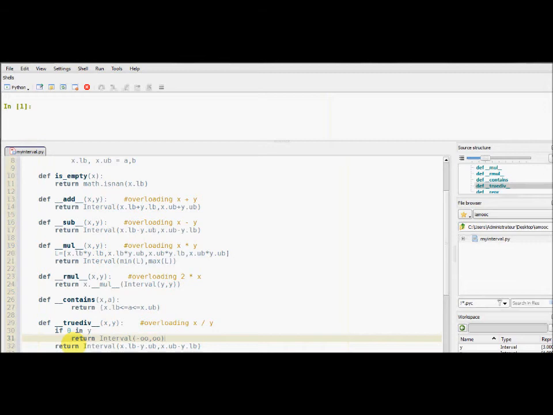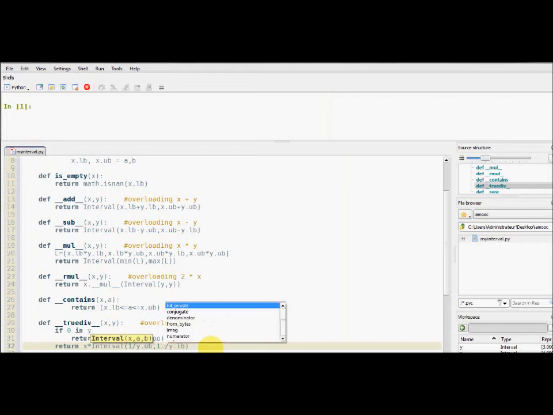Otherwise, I should return x multiplied by 1 divided by the upper bound of y and 1 divided by the lower bound.